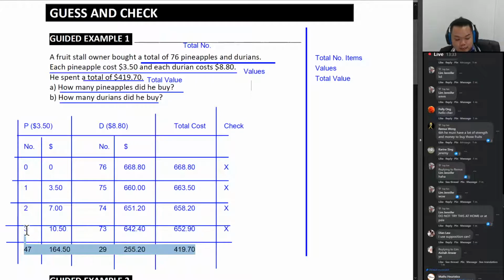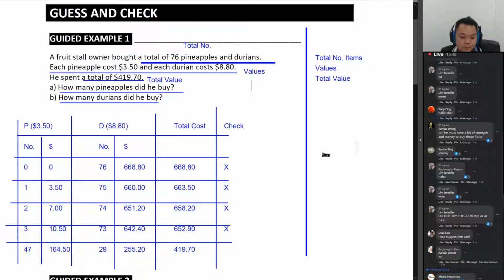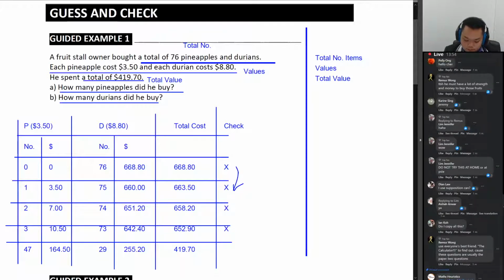Okay, so the idea here is I want to use a little shortcut. This relates back to patterns a little, because you can see that every time I make a replacement or I move down one step, it changes by $5.30.